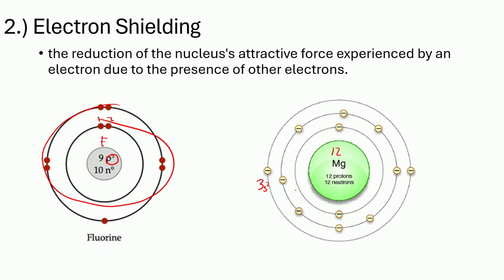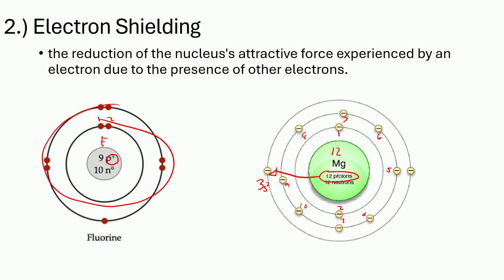So as you can see, our magnesium, in comparison to fluorine, in order for the influence of these 12 protons to reach our valence electrons, it has to go through, let's count them one by one: 1, 2, 3, 4, 5, 6, 7, 8, 9, 10 electrons.